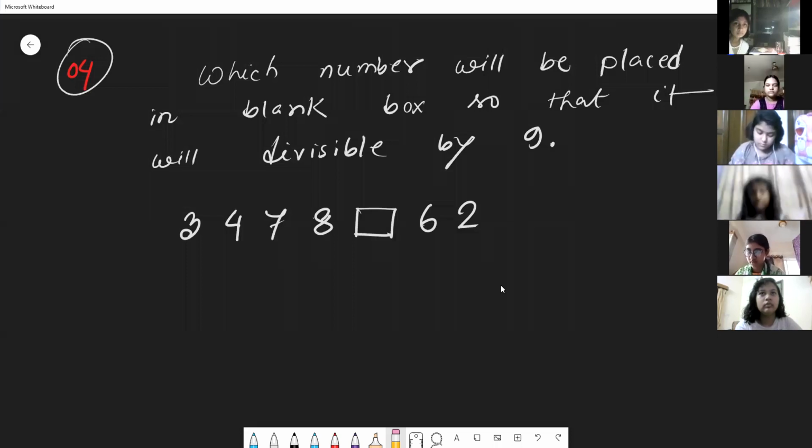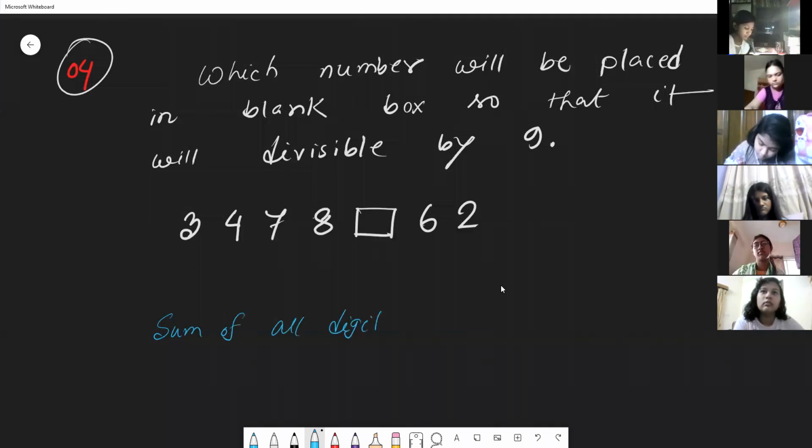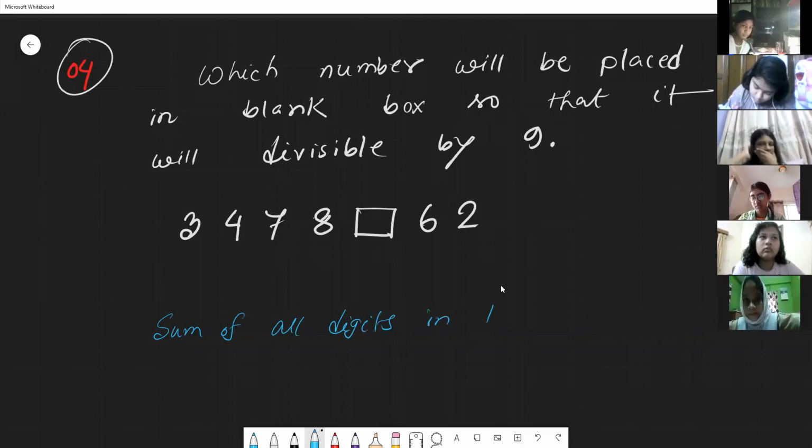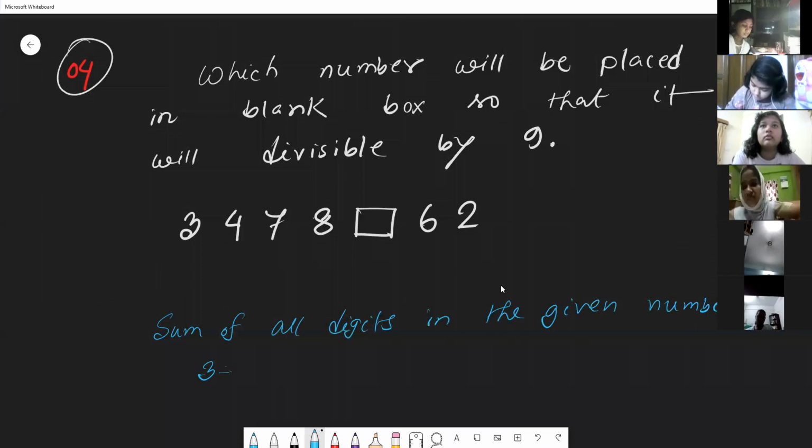Here, sum of all digits in the given number is 3 plus 4 plus 7 plus 8 plus 6 plus 2.